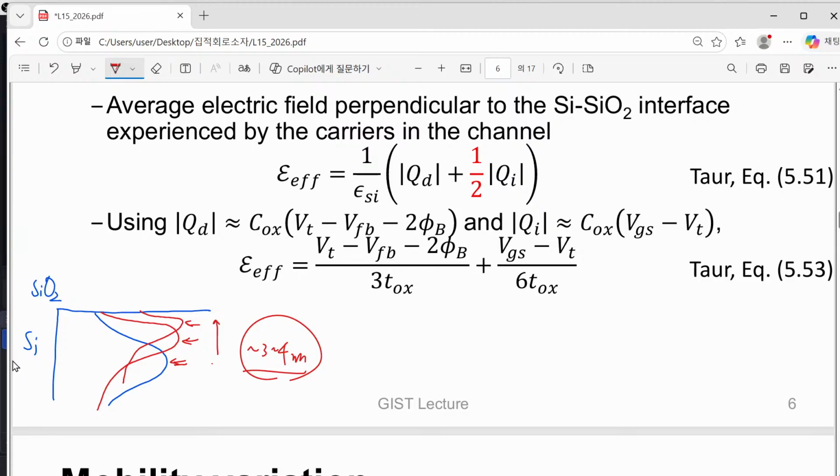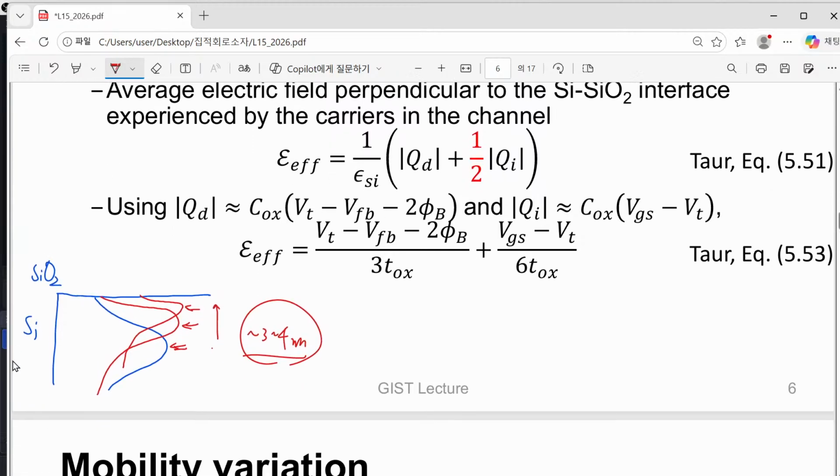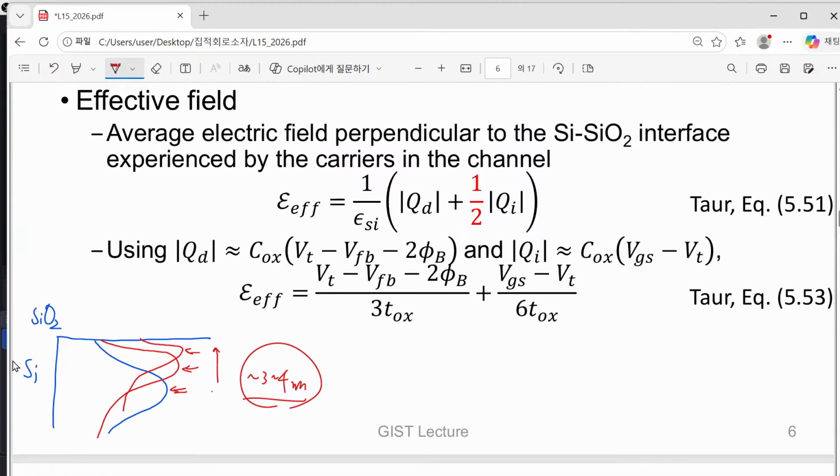So the reason why I'm saying this one is, this is the reason why we have electric field dependency. So why do we have electric field dependency? Actually, the electric field itself is not the driving force to reduce our electron mobility.